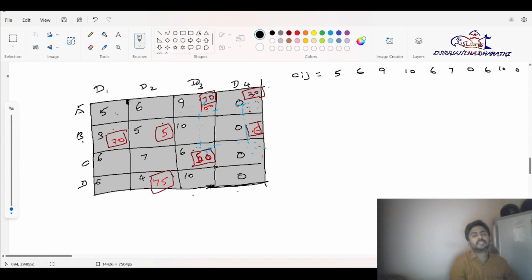These are the Cij values of the unoccupied or unallocated cells. Now you can say this is your U1, U2, U3, U4, and this is V1, V2, V3 and V4.